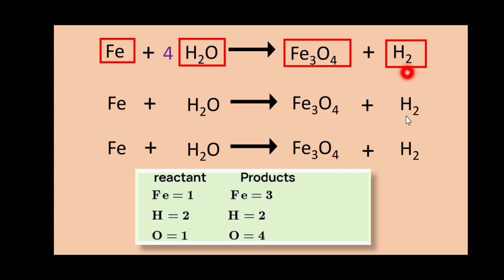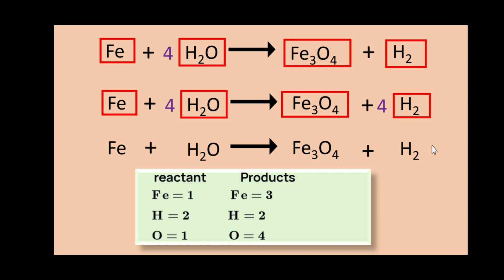So we have to put a coefficient along with hydrogen on the product side, so we keep 4 as a coefficient before hydrogen, so that hydrogen is also balanced on both sides. Both oxygen and hydrogen are balanced.